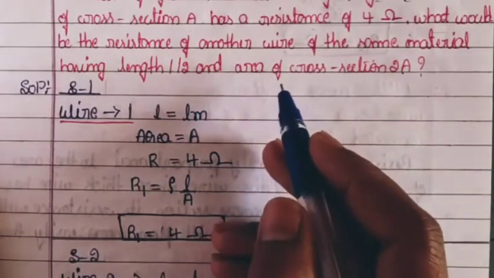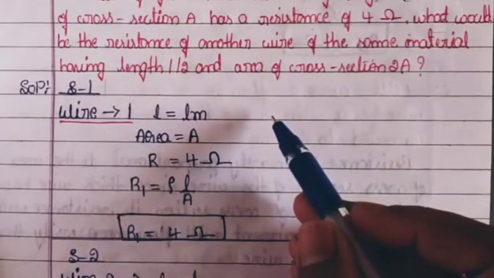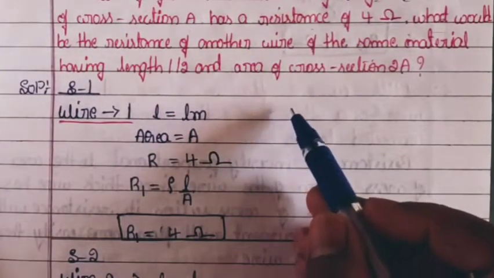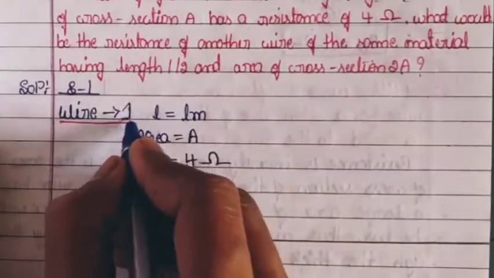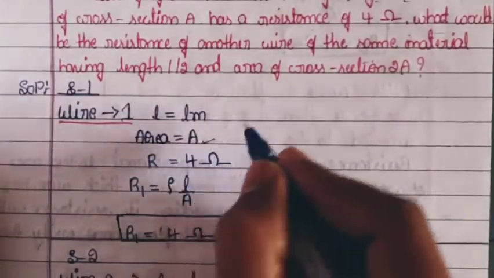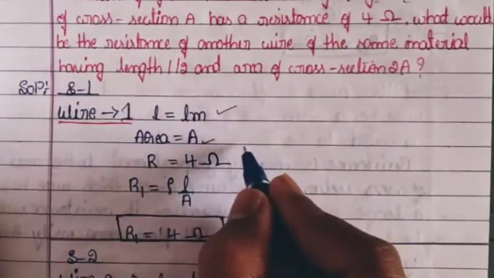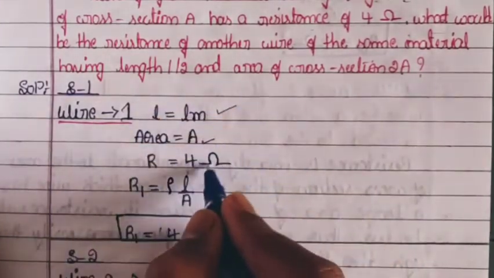Children, here we have to find the resistance. Okay. In step 1, for wire 1 of length L meters, area is A. Resistance of that conducting wire is 4 ohm.